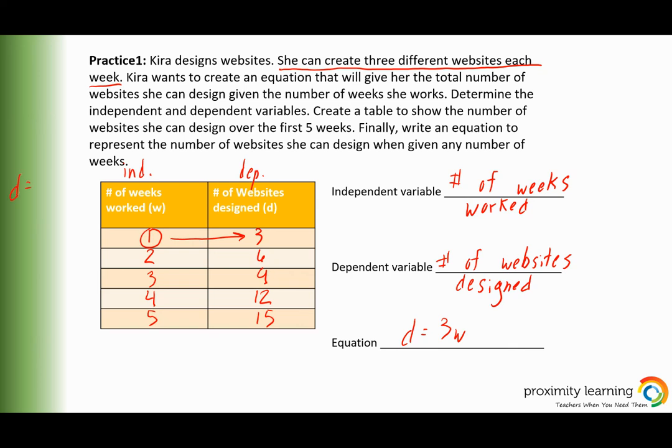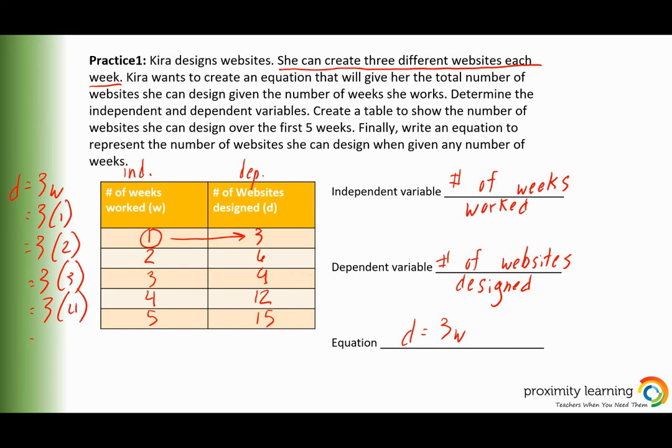Taking the equation that we are able to pull out of the problem, which in this case is number of websites designed equals 3 every week, all I did was, instead of W, I put number of weeks worked, just like we did in the last practice problem.